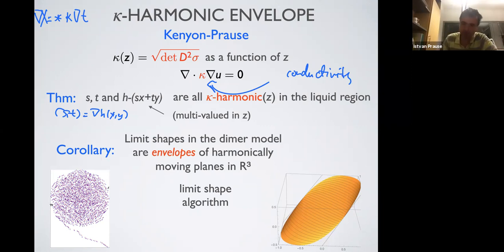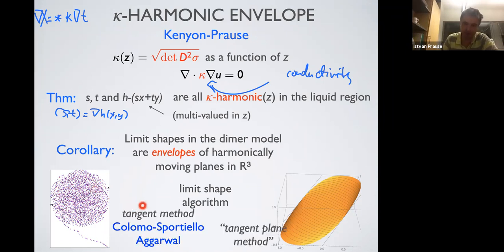This can be called the tangent plane method, and there is a resemblance to the usual tangent method of Colomo-Sportiello, and also of Agarwal, which is rooted more directly in the probabilistic model, which also constructs the Arctic curve as an envelope of a family of lines in that case.